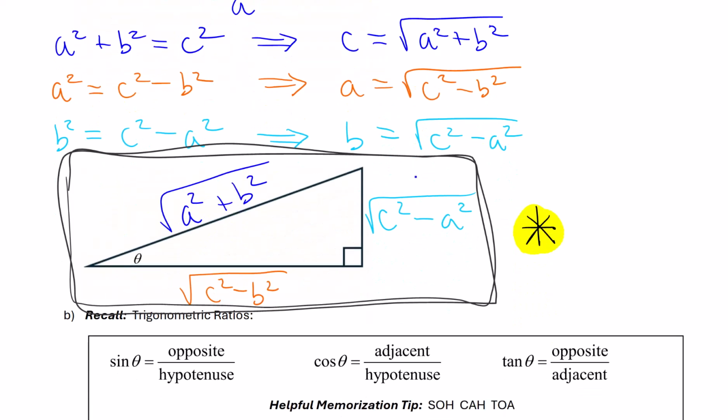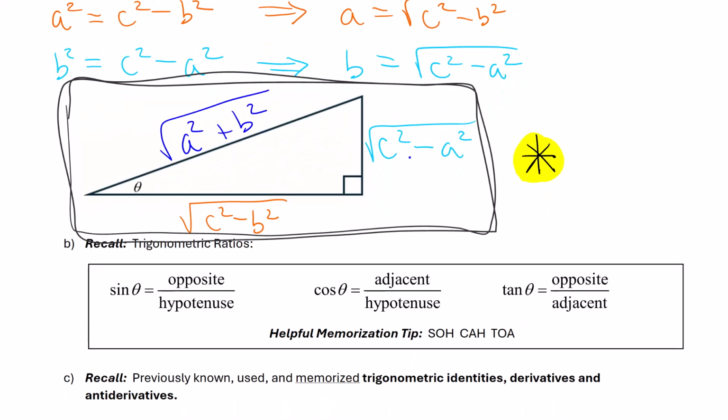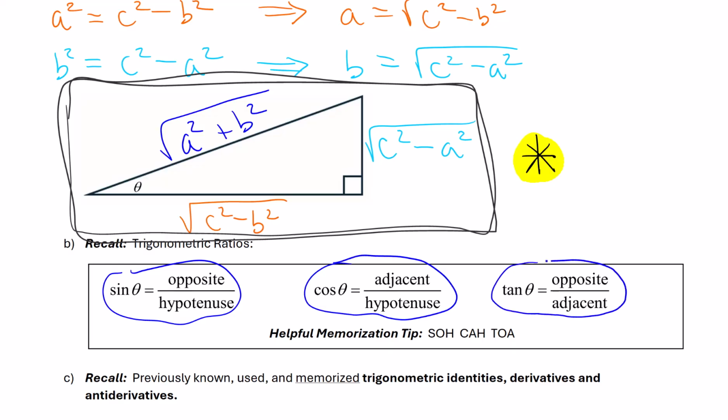All right, let's move on a little bit and recall some other things we'll need. Specifically, how about some trigonometric ratios that may be familiar to you? Sine of theta equals opposite over hypotenuse, cosine theta equals adjacent over hypotenuse, or tangent theta equals opposite over adjacent. You may recall these from trigonometry.